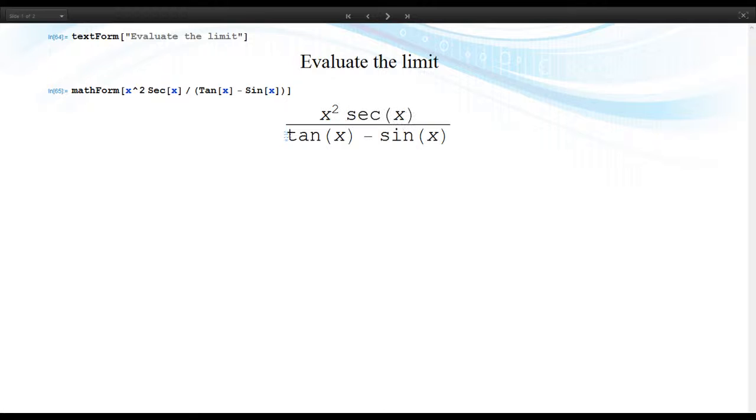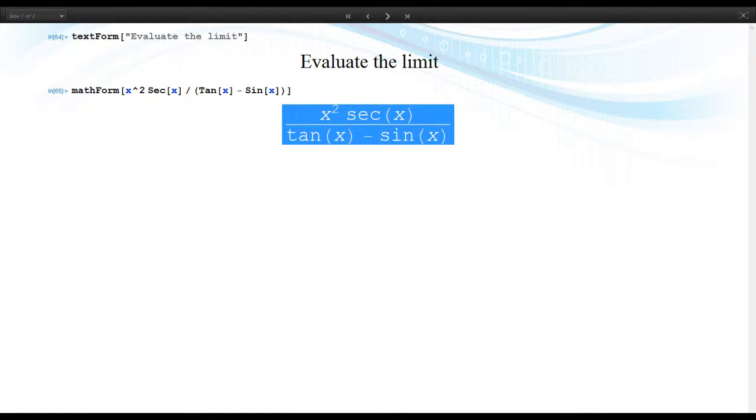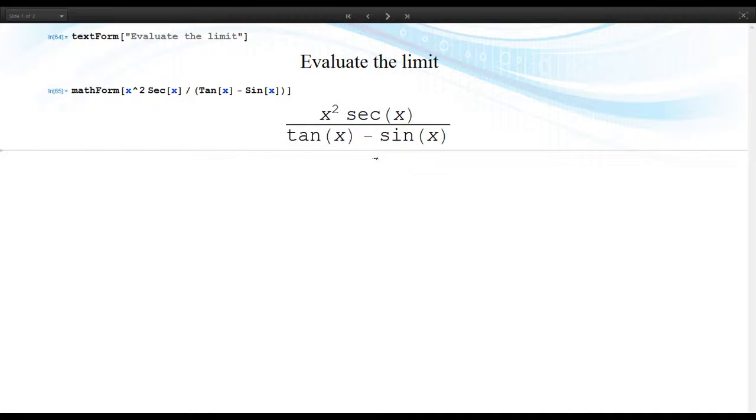And then we'd divide by 0 minus 0. So this expression here is 0 over 0. It's indeterminate, so we can use L'Hopital's rule. But secant and tangent and sine, these derivatives may be difficult. So I'm going to say, first let's pull this secant into the denominator of the expression.